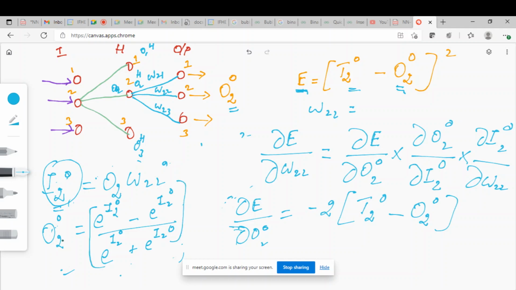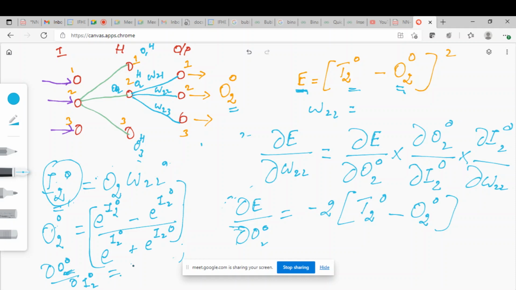So this output should be differentiated with respect to the input, that is I2O. So this output O2O, you have to differentiate with respect to the input. If you differentiate this, you will get some value, and you have to keep it.